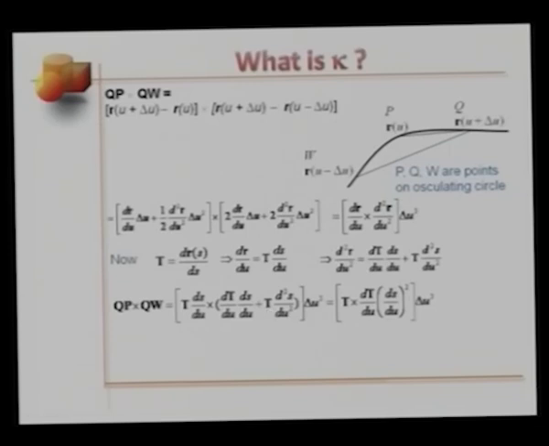So what is left is T crossed with dT over du times ds over du the whole square, these two terms getting multiplied, times delta u cubed.